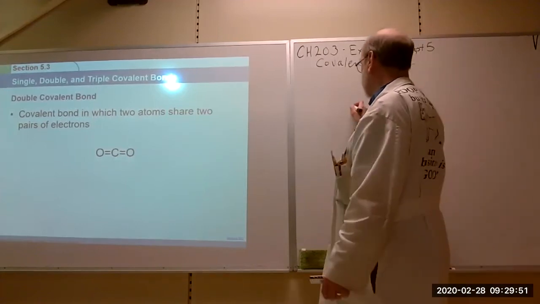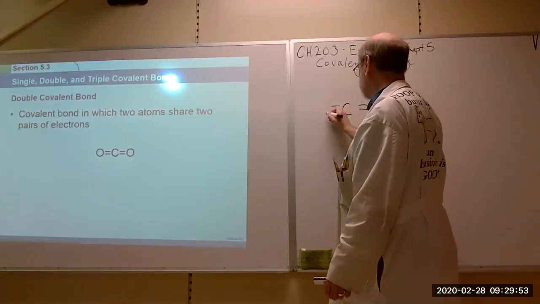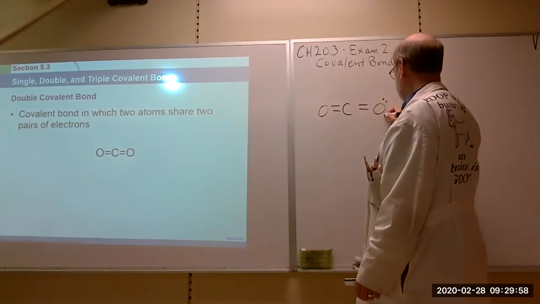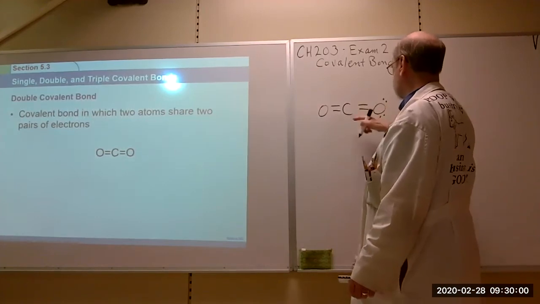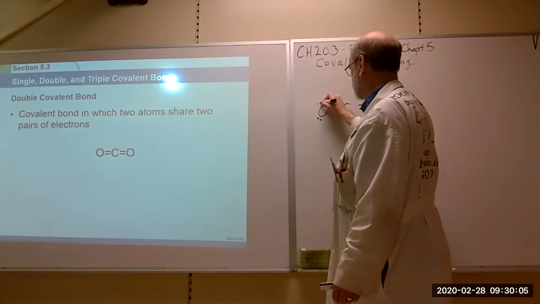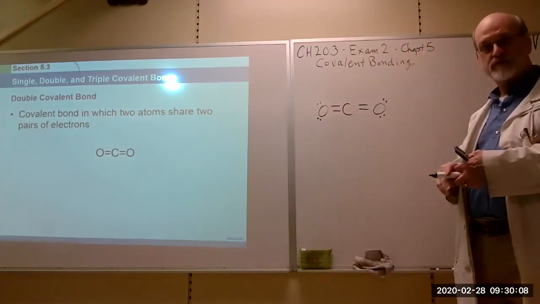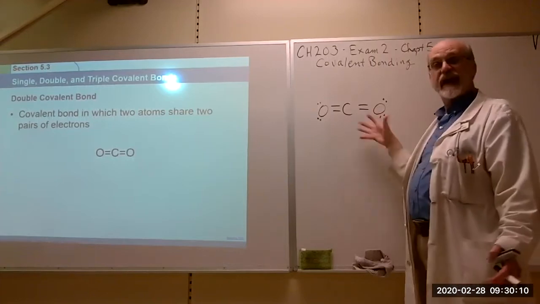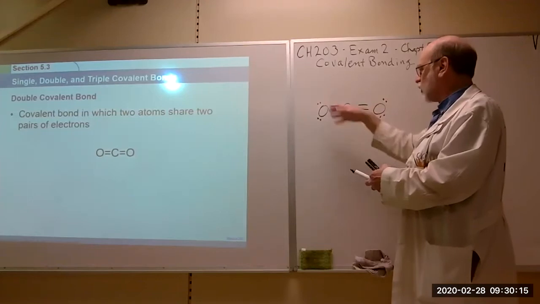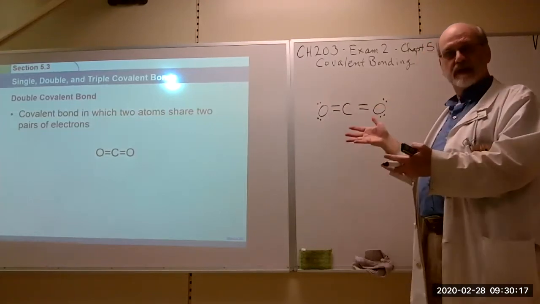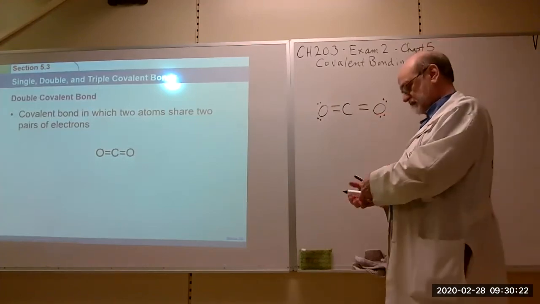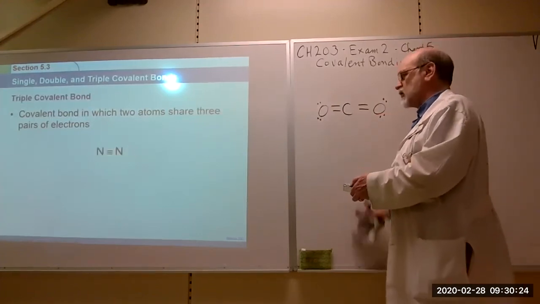So if we rewrite this correctly, 2, 4, 6, 8, 4, 6, 8, 2, 4, 6, 8, 2, 4, 6, 8. That would be the proper structure with all the electrons accounted for. Okay? And each one sees that it has an octet. And then the triple bond, I've already showed you that one.